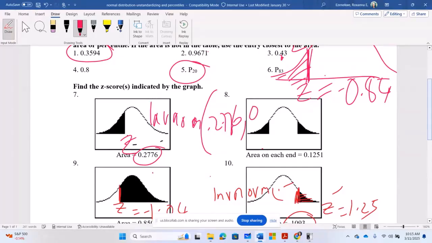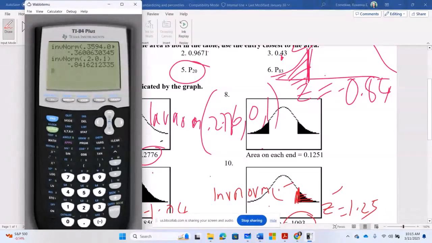Mean is 0, standard deviation is 1. So put it in your calculator like that, area under the normal curve 0.2776. Calculate. You go to second distribution, number 3. The question is, find the z-score corresponding to 0.2776.